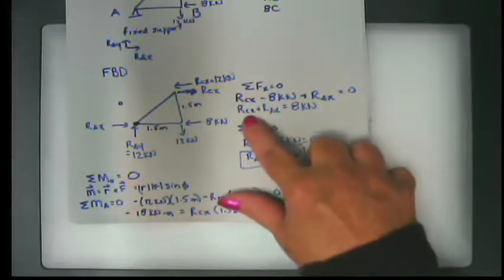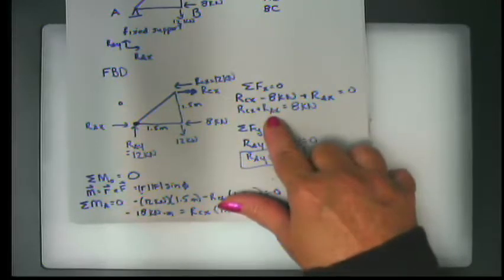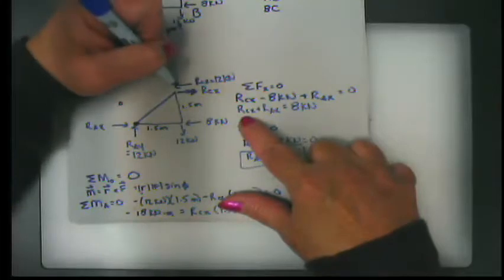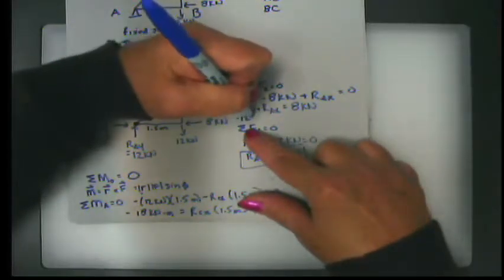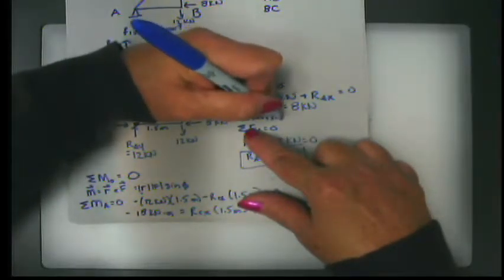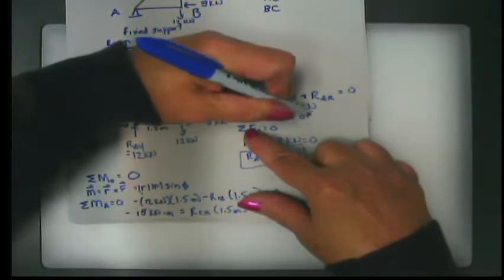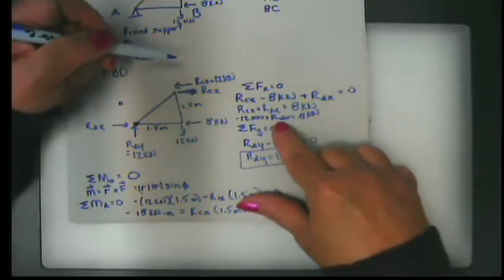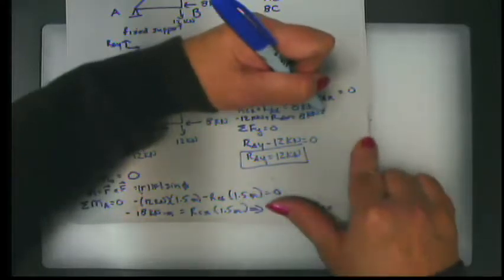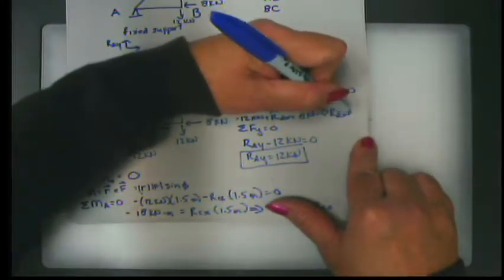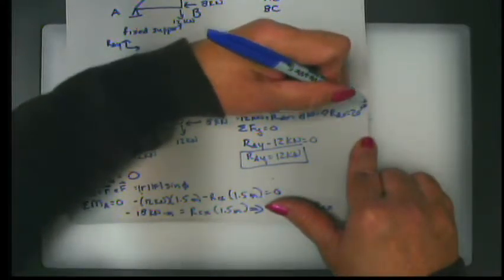All right, well now I know what RCX is, so I can solve for RAX, can't I? So RCX is negative 12 kilonewtons, plus RAX equals 8 kilonewtons. And if I solve for RAX, I bring that over, I actually get RAX equals positive 20 kilonewtons.